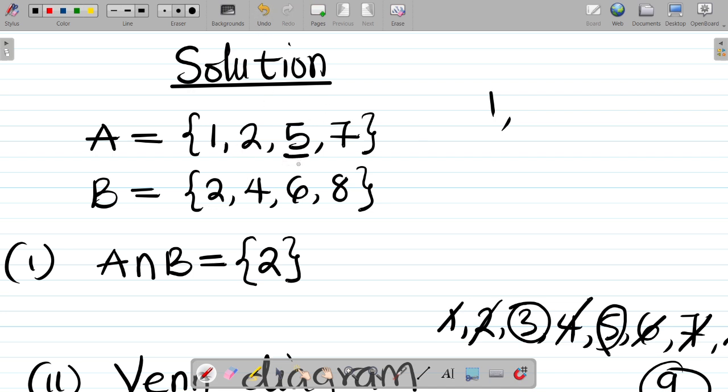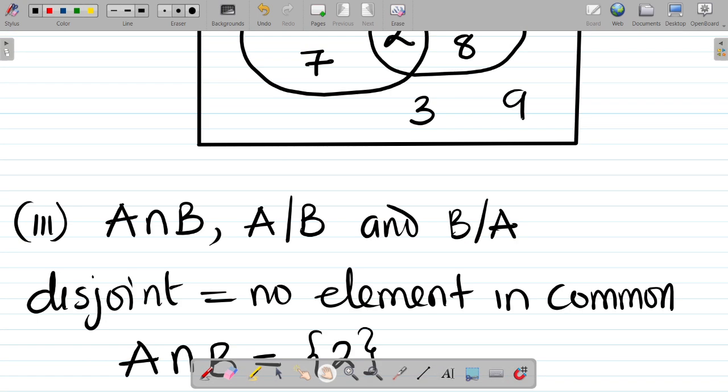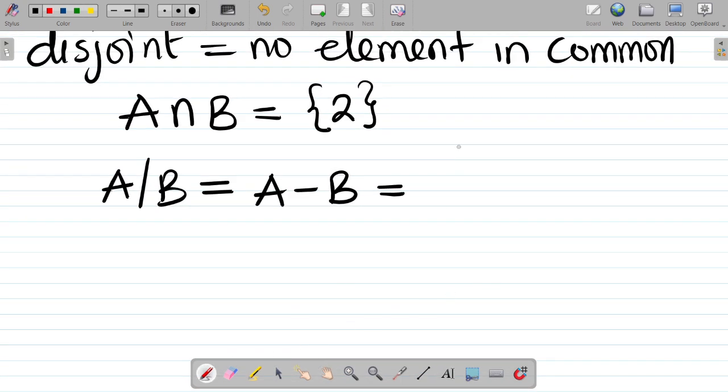I have 5 in A, 5 is not in B. So I'll take down 5. I have 7 in A, 7 is not in B. So A minus B becomes 1, 5, 7.